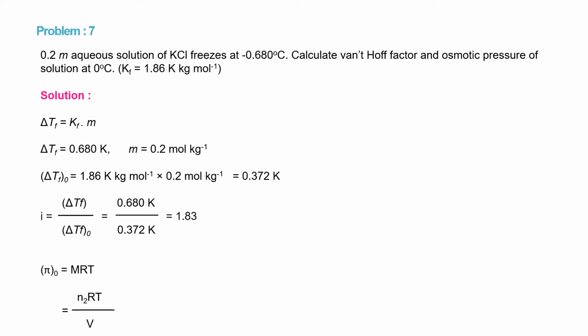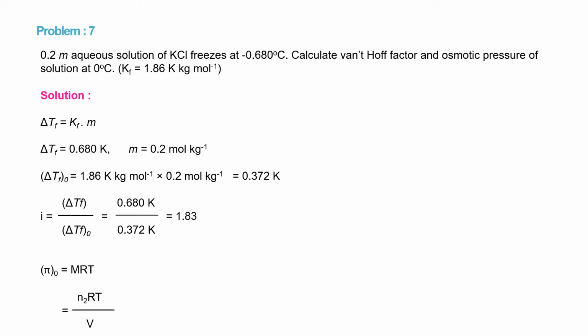Calculate Van't Hoff factor and osmotic pressure of the solution at 0 degrees Celsius. And Kf, the cryoscopic constant, is given to you, that is 1.86 Kelvin kg per mole.